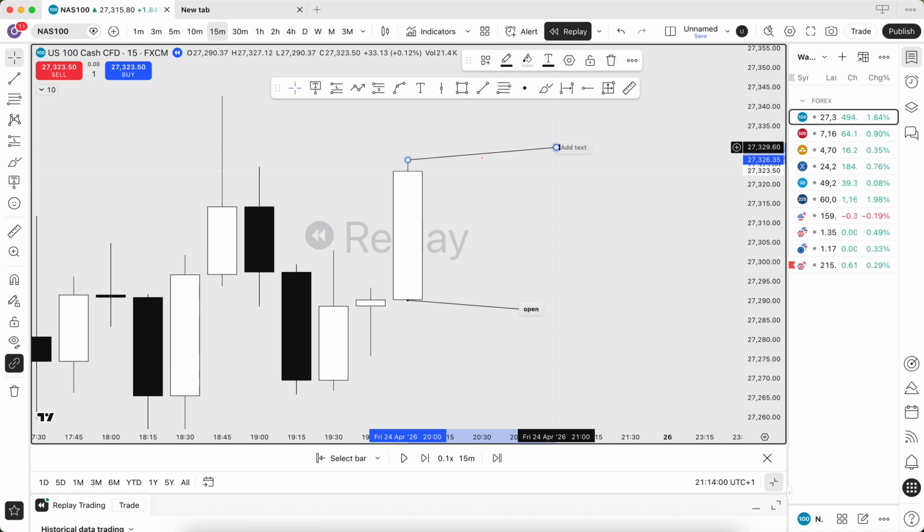Now let's move over to OHLC. The low of this candle remains here because it doesn't have a wick, so it is the low of this candle. Then the next thing we'll take note of is the close. This is the close of this candle.